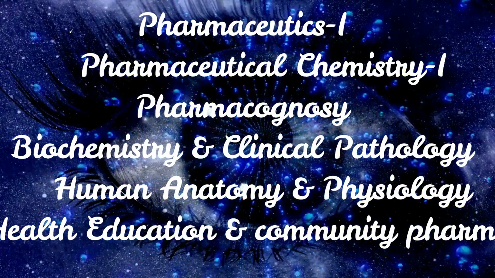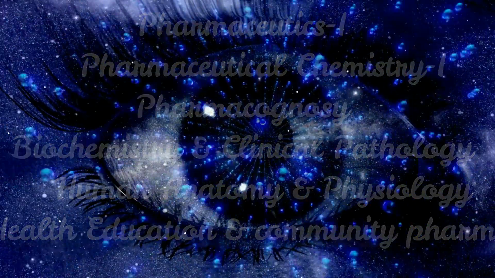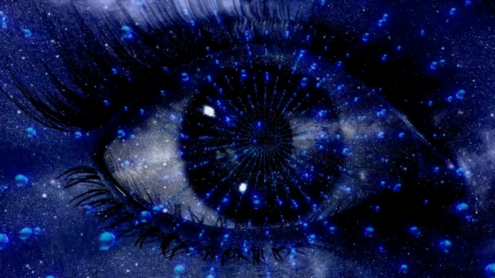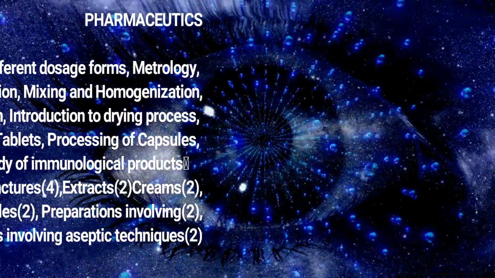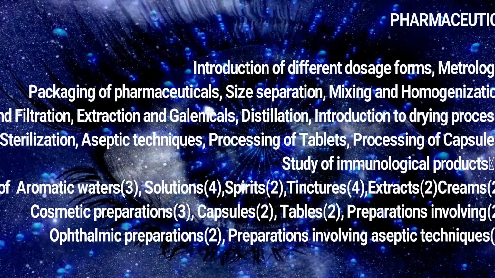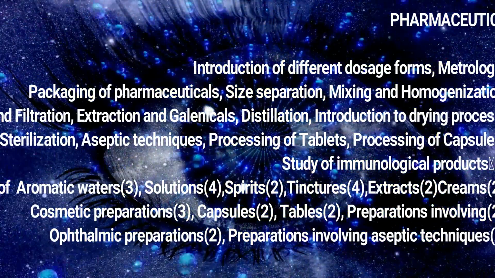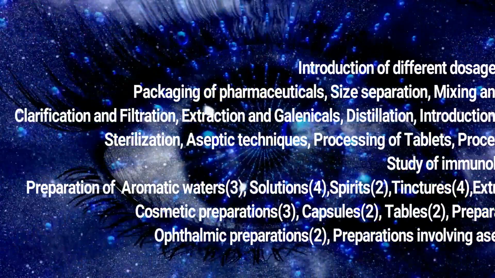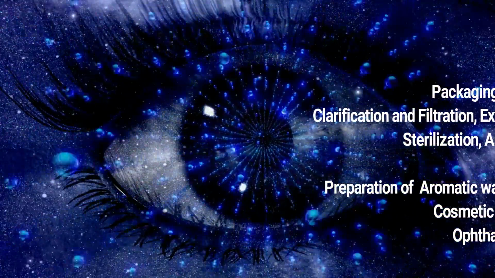In the first year in pharmaceutics you'll study the introduction to different dosage forms, metrology, packaging of pharmaceuticals, size separation, mixing, clarification, filtration, extraction, distillation, sterilization, aseptic techniques, drying processes, and study of immunological products.